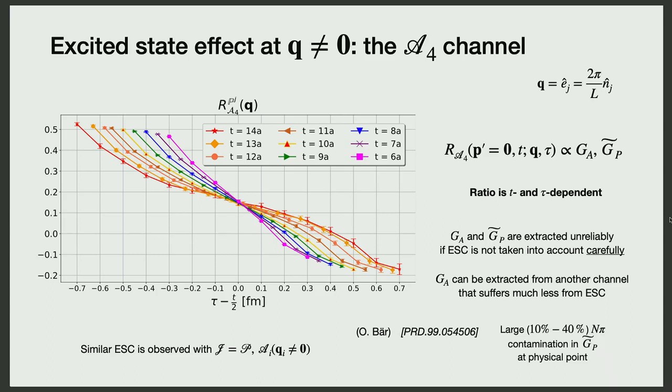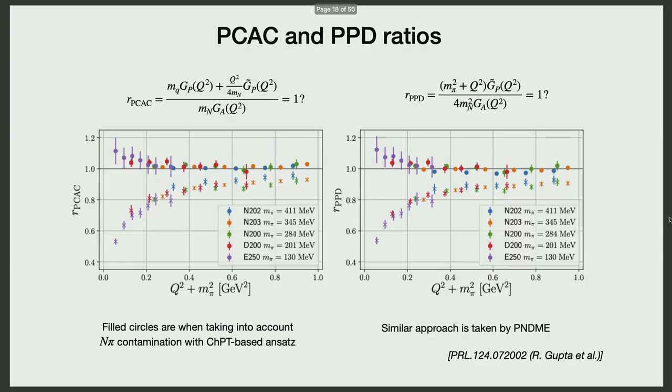Now, if the N-pi states are not taken into account carefully, the form factors GA and GP tilde are extracted unreliably. That means that the PCAC relation is not fulfilled. They do violate the PCAC relation. And as I said before, there could be effects up to 40% at the physical point, as predicted by Oliver Baer. What one can do then is to compare the extraction of the form factors by considering the N-pi states carefully with some ChPT-based ansatz, or by doing a traditional fit.